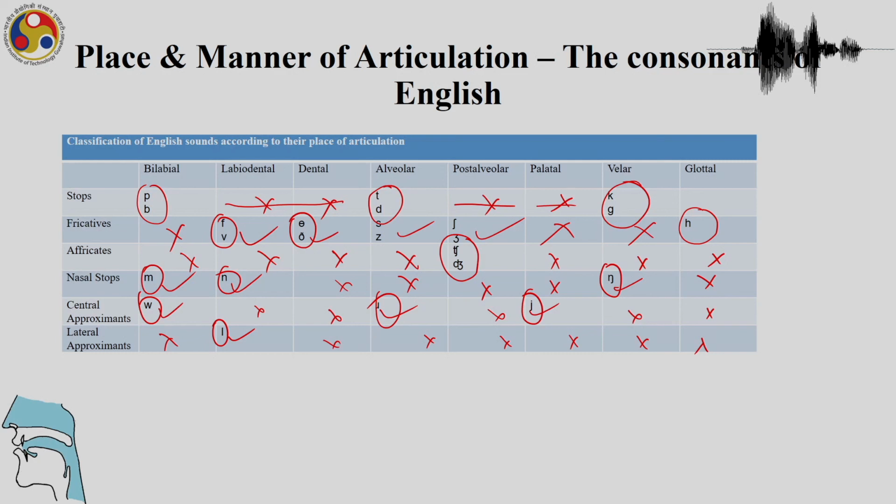So for the time being, we see that English uses almost most of the places of articulation, and depending on the manner of articulation, of course, English has almost all the manners of articulation as well, but again does not have each and every manner of articulation for each and every place, and similarly each and every place is not exploited by each and every manner of articulation.